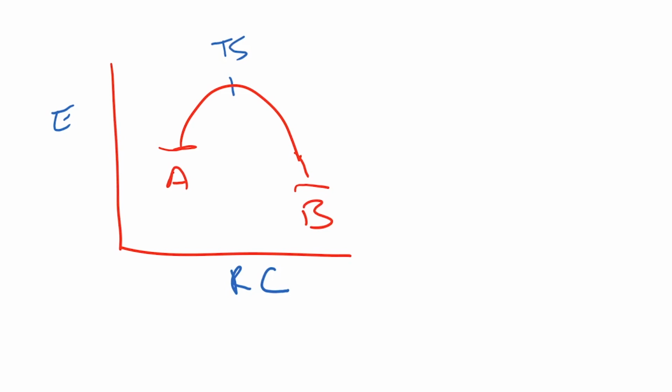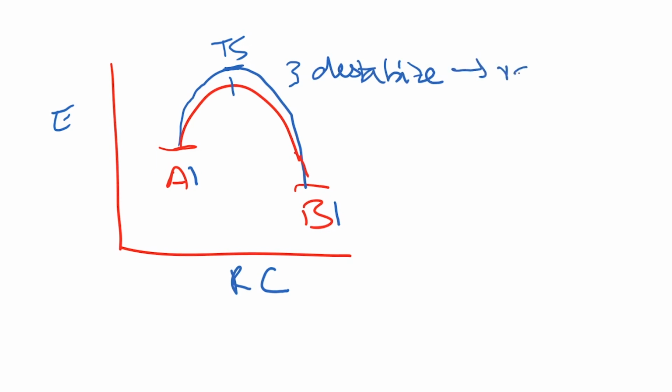Let's say I make another analog, A1 or A2, and if anything, that results in an increase in the transition state energy. Let's say I'm going through this pathway to give me B1. This difference in energy is going to destabilize the transition state, in which case the rate is going to go down.